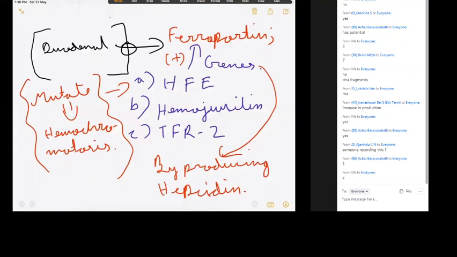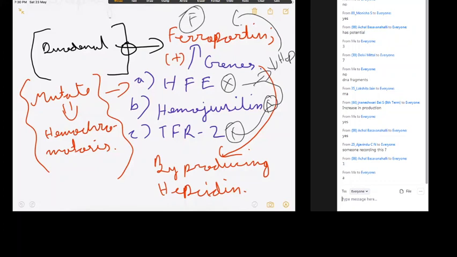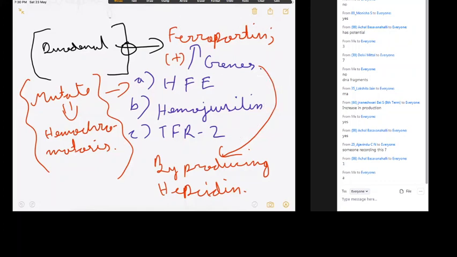If there is a mutation in any of these, and this mutation has caused decrease in hepcidin levels, that will in turn increase your iron. If there is so much iron, that is called hemochromatosis. Understood? Any doubts over here?